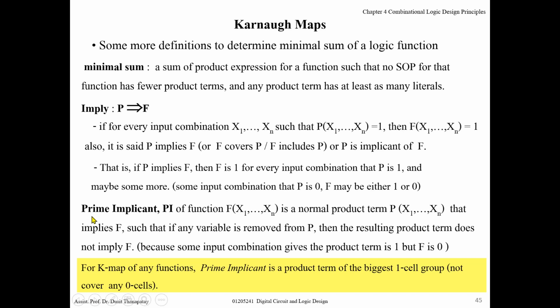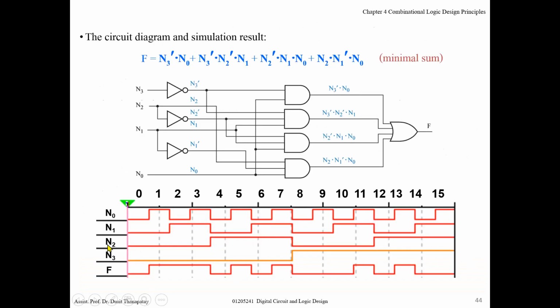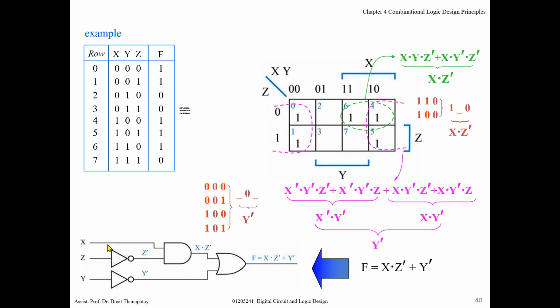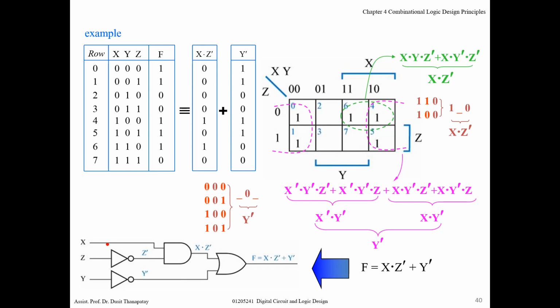And prime implicant. A prime implicant is a normal product term P that implies f, such that if any variable is removed from P, then the resultant product term does not imply f. For example, let's see the previous example.